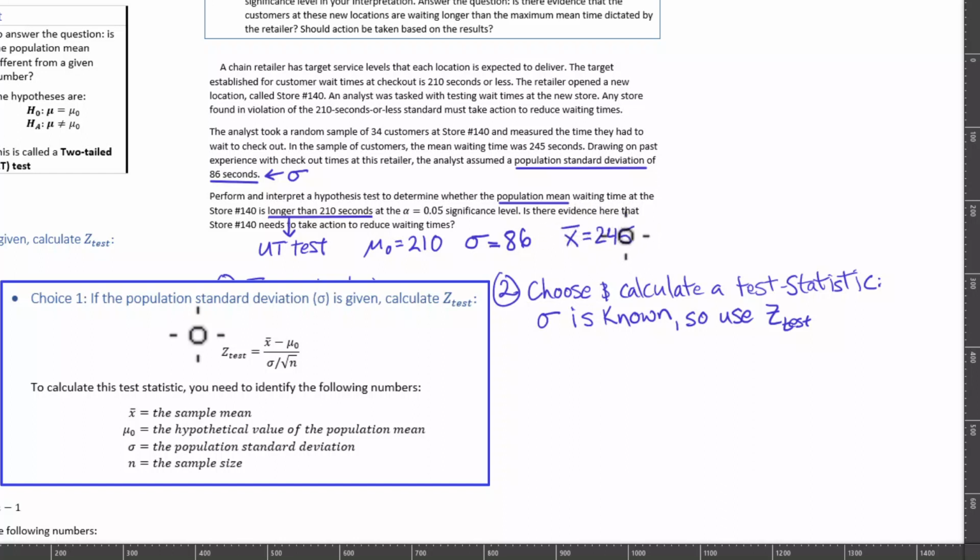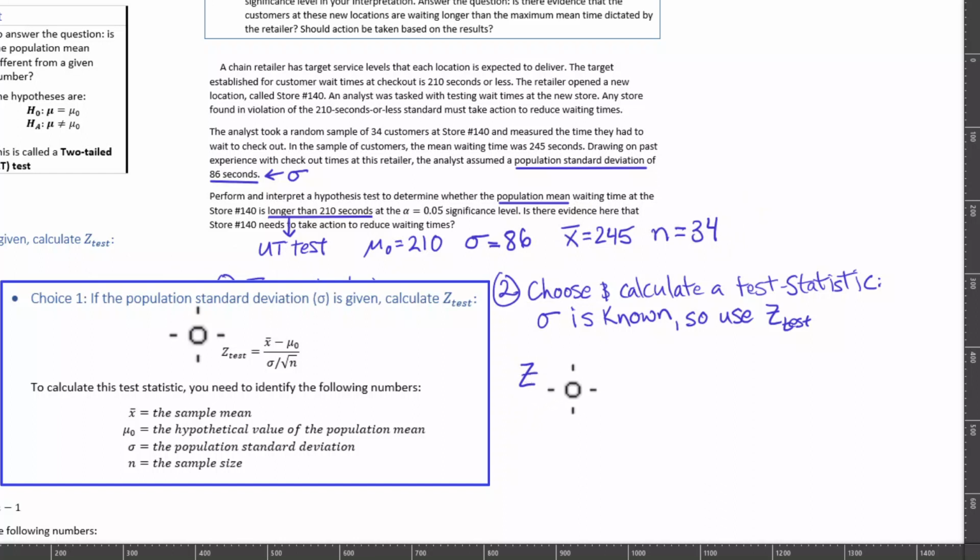So x bar is 245. The sample size is always the number of members of your population that have been selected into the sample. Here we had a random sample of 34 customers. Each customer has a wait time in line. The average wait time for the sample was 245 seconds, measured on these 34 customers. So 34 is n, the sample size.